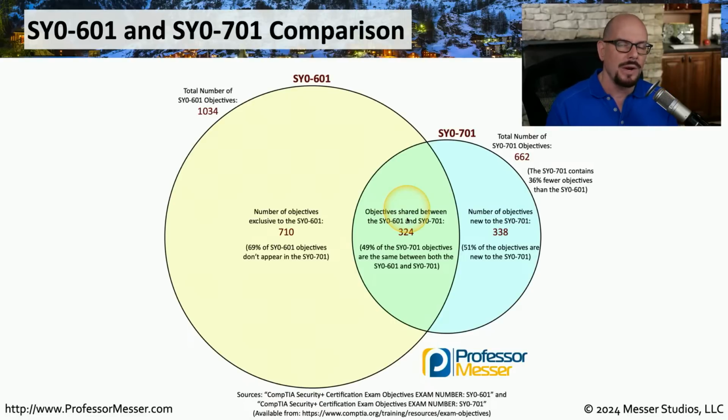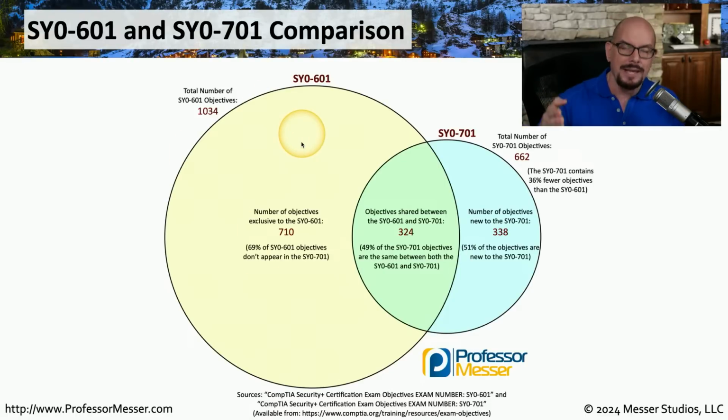The thing to take away from this, though, is that if you're studying for the 601 and then you take the 701 exam, there's a huge amount of information you're missing. Half of the exam you didn't study for. Similar situation, if you're studying for the 701 and you go to take the 601 exam, it's actually much worse. There's a huge amount of information you simply won't get from a 701 course.